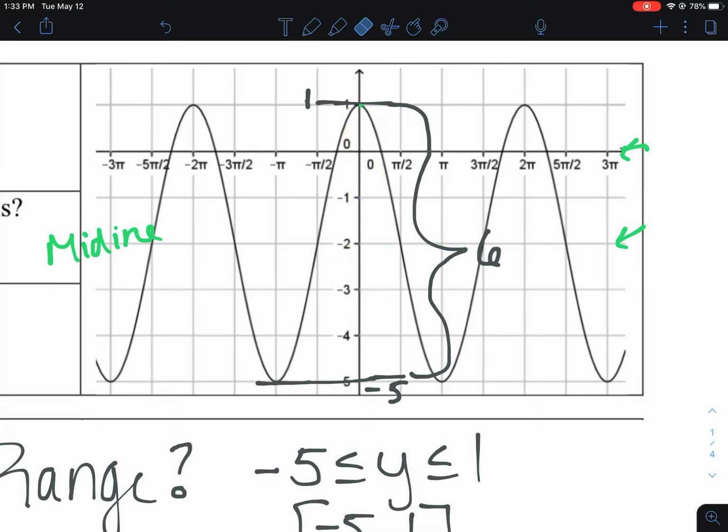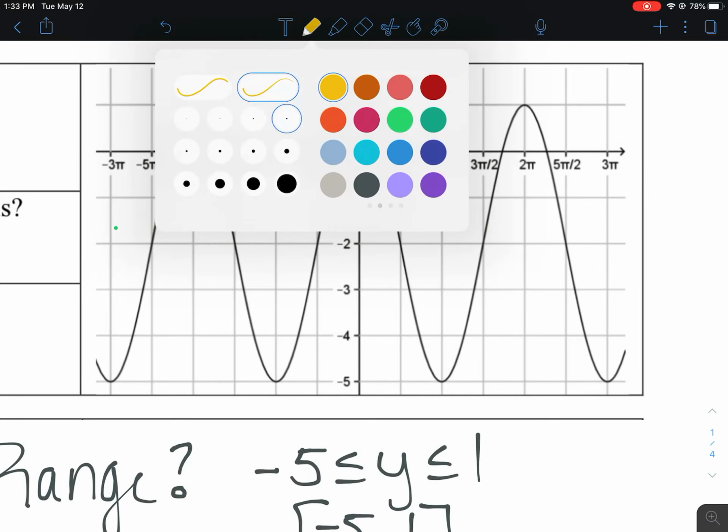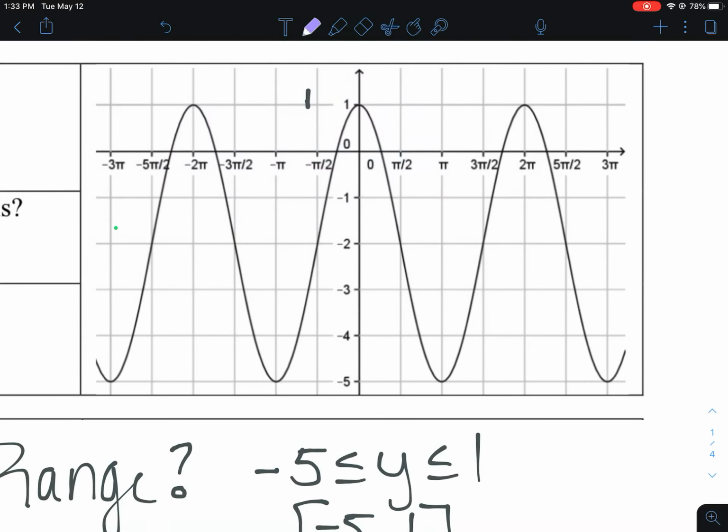So we want to look for a period. So I'm going to get rid of some of these other colors so that we can see that a little more clearly. So remember, when you're looking at a periodic function, pick any place to start on the graph. So let's say, start up at +1.